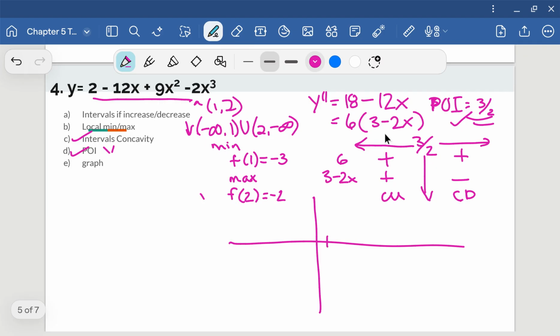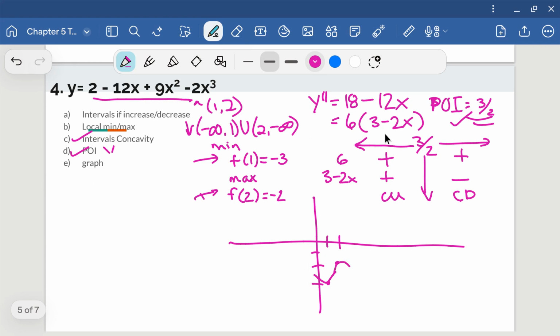I know that I have a few important points, and one would be my minimum and my maximum. My minimum is when x is 1 and y is -3. If it's a minimum, we know that we're hitting it and going back up. Then I also know I have a maximum at the point of 2 and -2, which is right here.